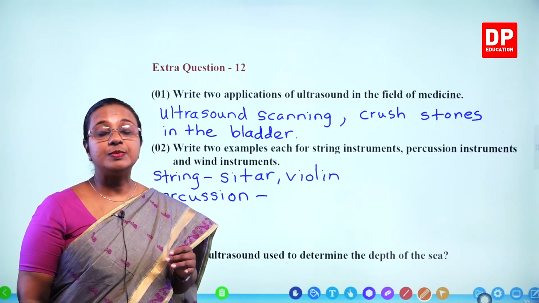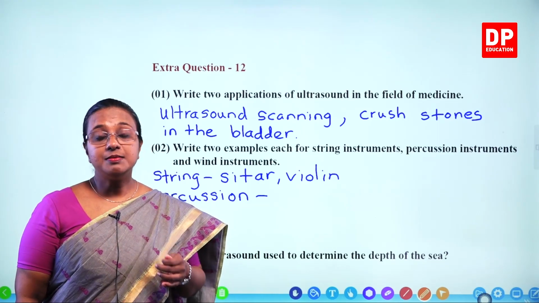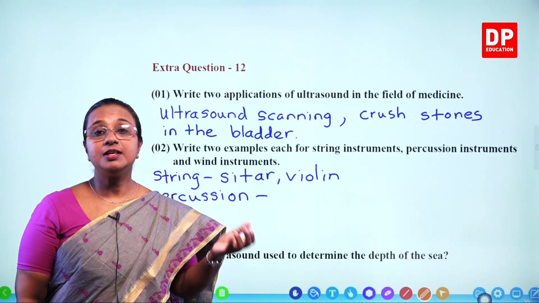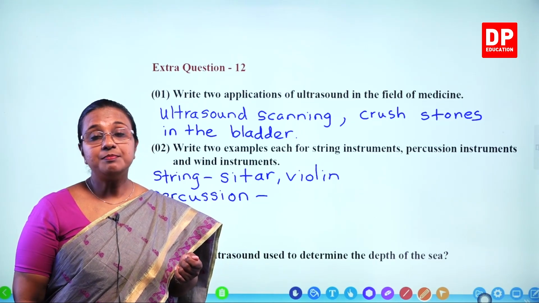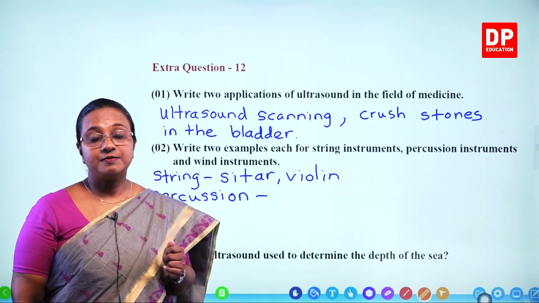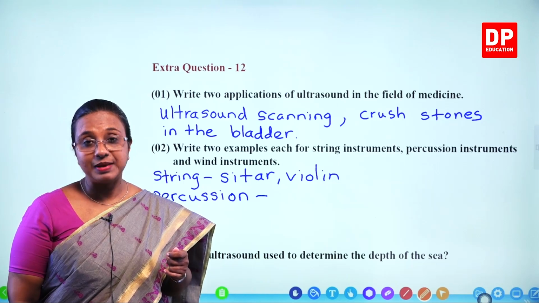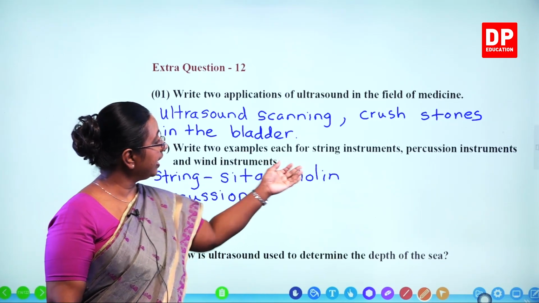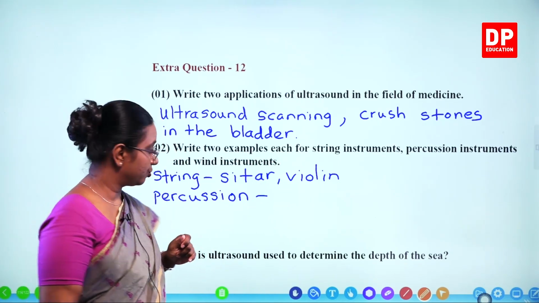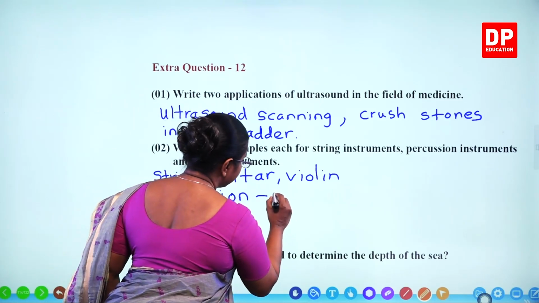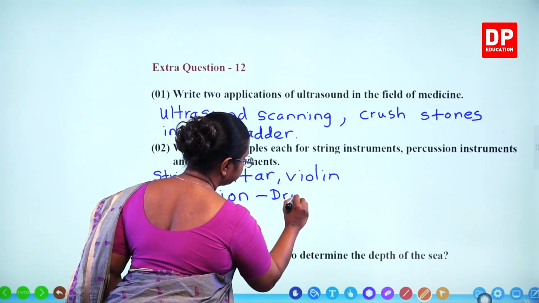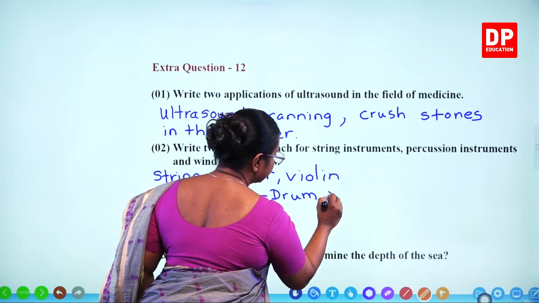And instruments like the cymbal and the xylophone, they use a metal surface for production of sound, a metal rod or a metal plate. So you can write any 2 of those instruments here. I will say the drum and the xylophone.